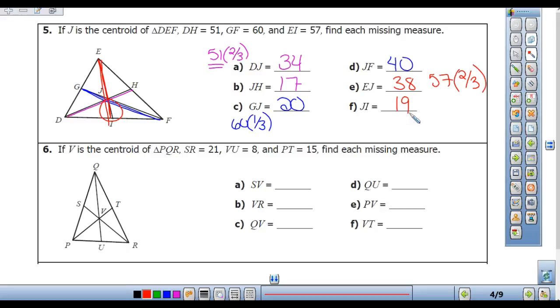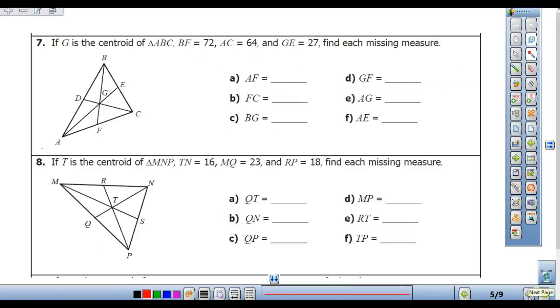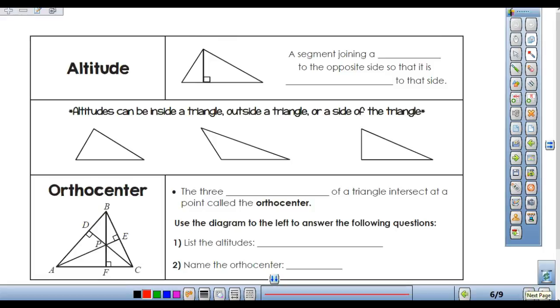Alright, one other thing we need to talk about is altitude. The nice thing about altitudes is it doesn't really have anything special to do with it. But an altitude joins a vertex to the opposite side so that it is perpendicular to that side.